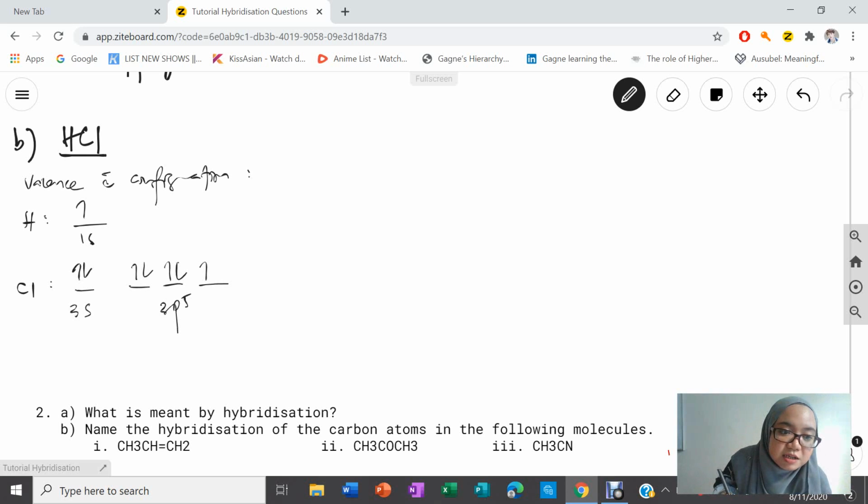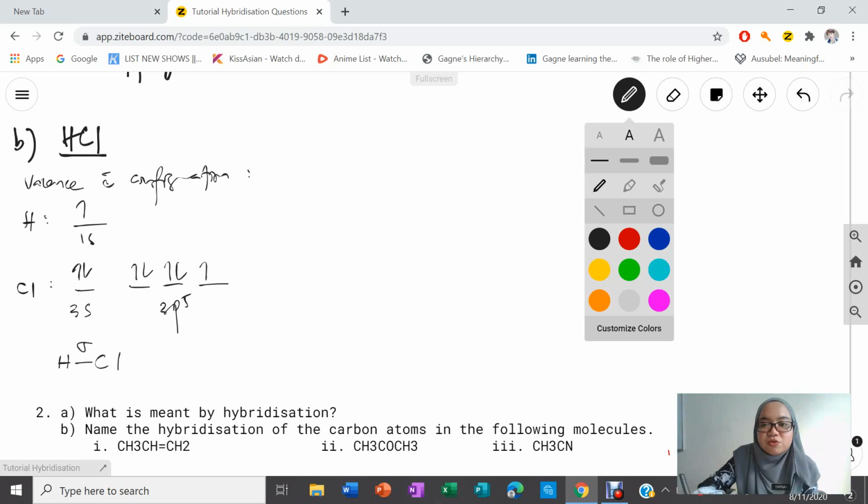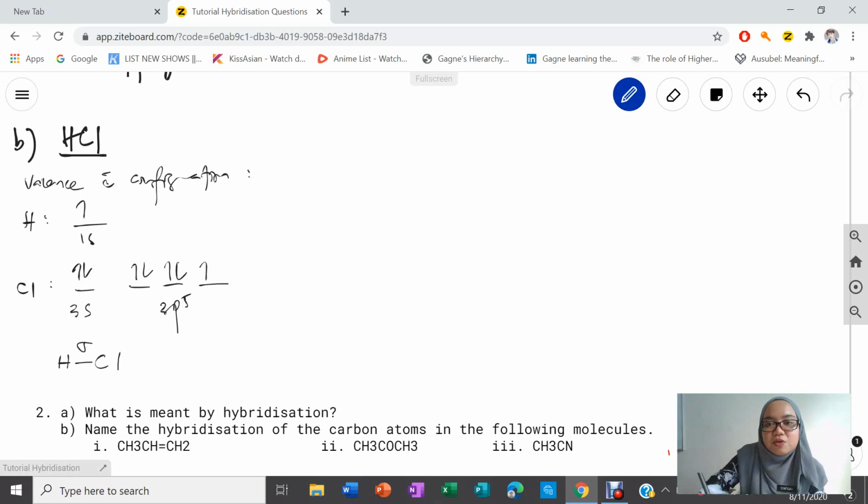And if we draw the Lewis structure, it will become like this, and it has one sigma bond here. So how to draw it? Sigma bond is formed by the end-to-end overlapping. So the 1s orbital overlaps end-to-end with the end of the p orbital. So like this.